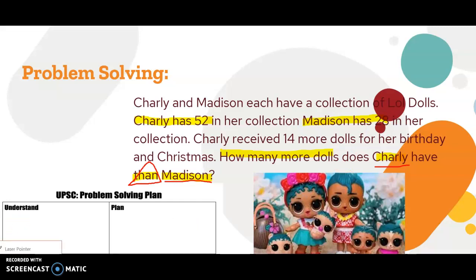So I understand that Charlie has 52 dolls. And I also understand that Madison has 28 dolls.